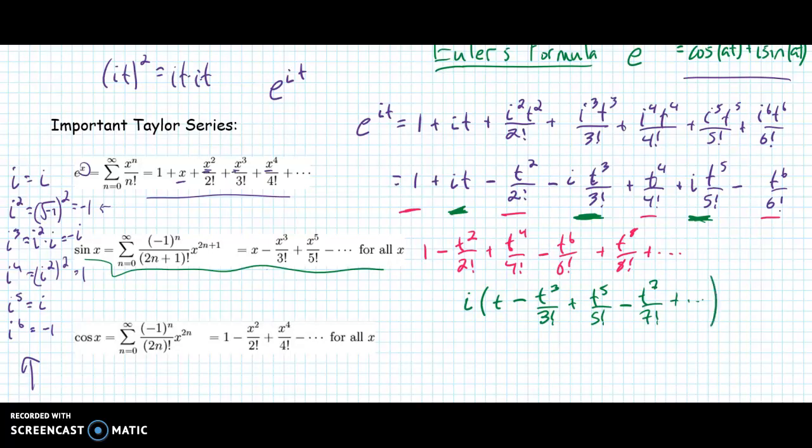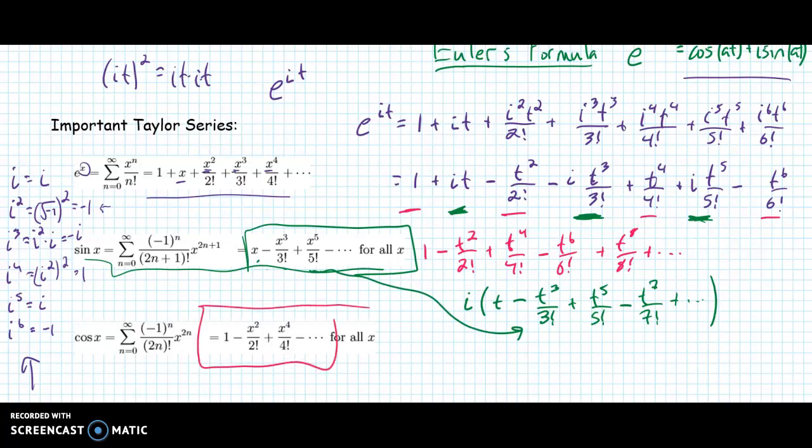And now look at this. That's what I have right here. And look at all those guys. That's what I have right here, except instead of t's, I got x's. So what do I get?